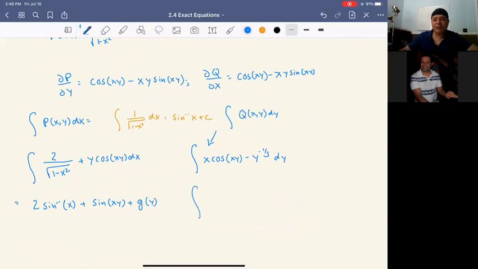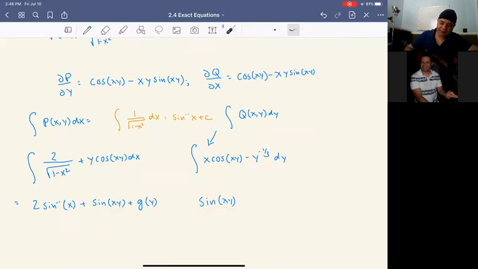Okay, so the integral here with respect to y, same trick that we had here. The x we're treating as a number, not as a variable right now. So this is just going to be sine xy, which we expected to have.